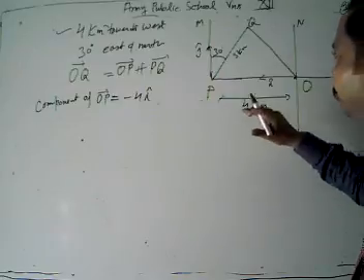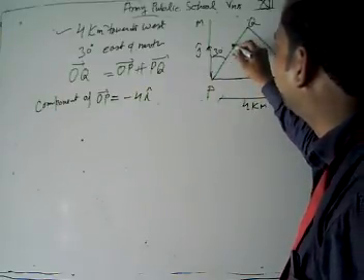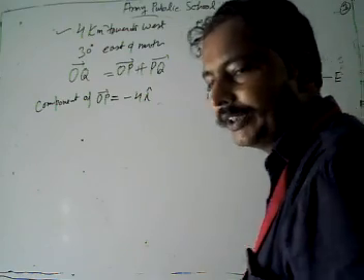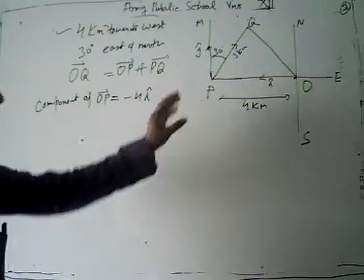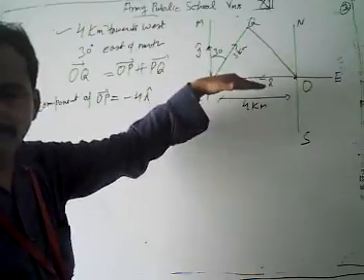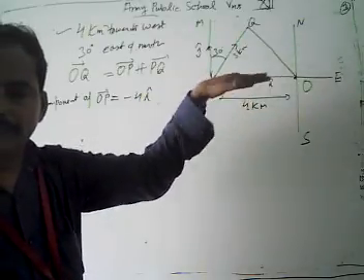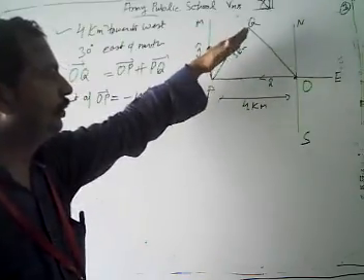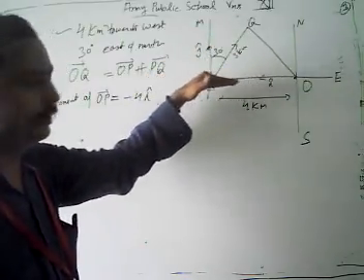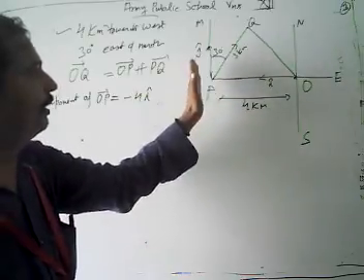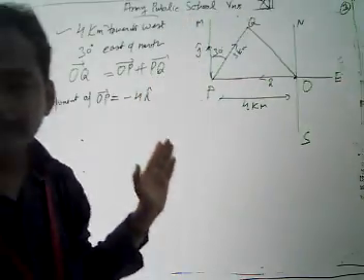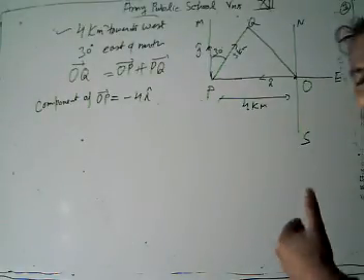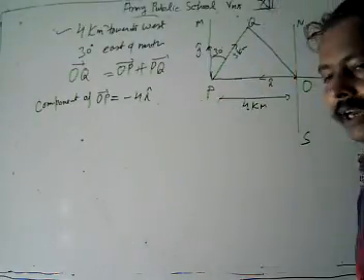Now, to find this PQ, we need two components, because we are resolving the vector. To get vector PQ, we need a component in the direction of OP and a component in the direction of PM. What I want to say is that to get the components of PQ, we first find the direction of OP.